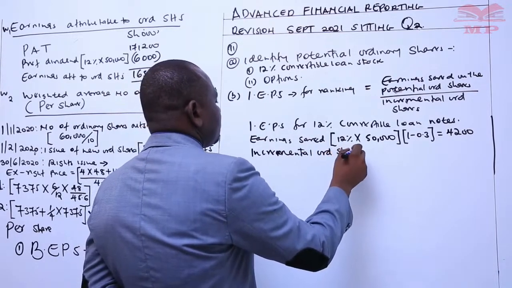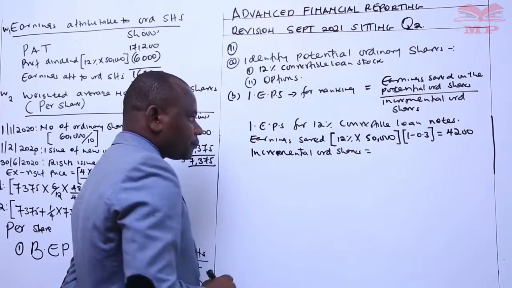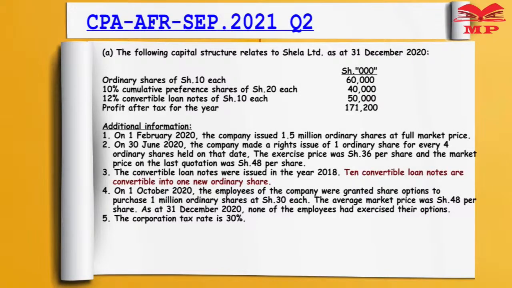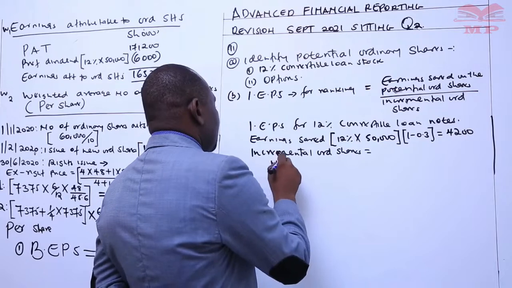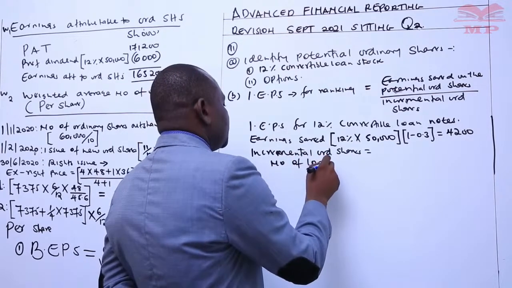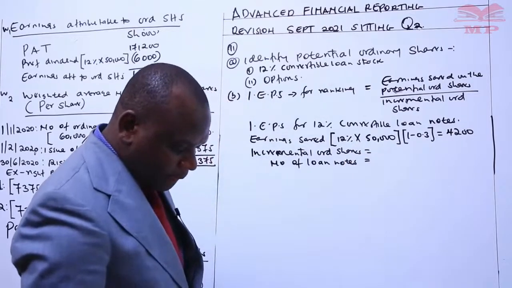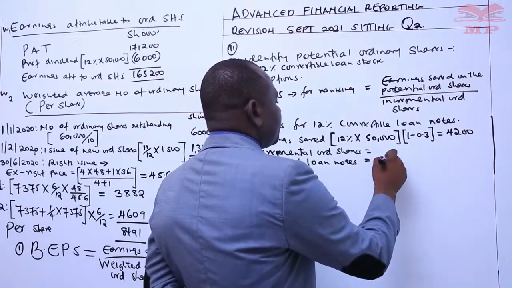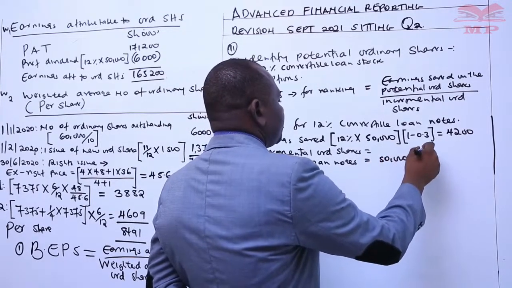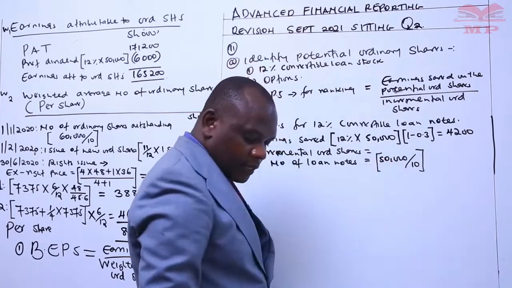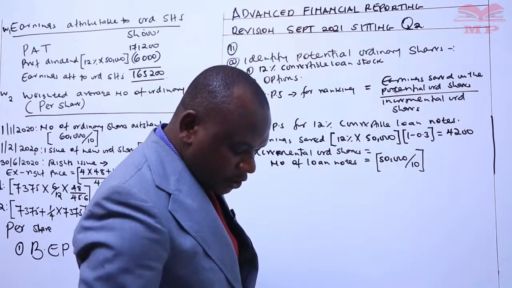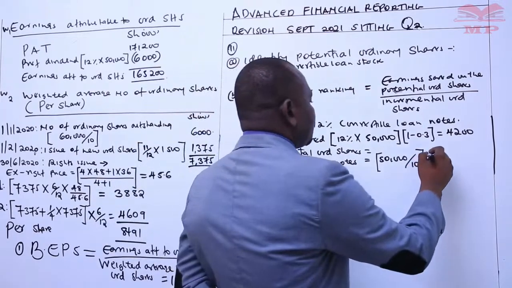The terms of conversion is that 10 convertible loan notes are convertible into 1 ordinary share. So how many loan notes? Number of loan notes is equal to 50 divided by 10, because you're told that the price for each loan note is 10, so we have 5,000 loan notes.